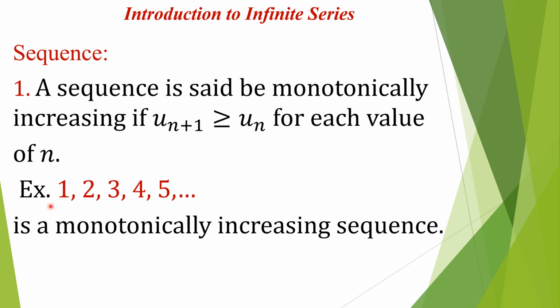So see in the example 1, 2, 3, 4, 5. These are the real numbers and they are ordered as the next number 2 is greater than the previous number 1. Similarly 3 is greater than the previous number 2 and so on. So this we call a monotonically increasing sequence.